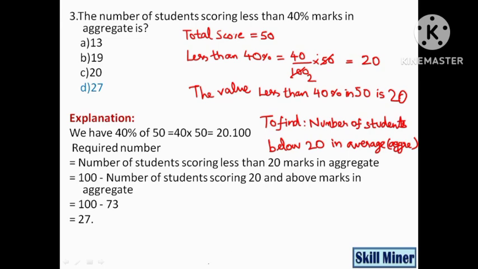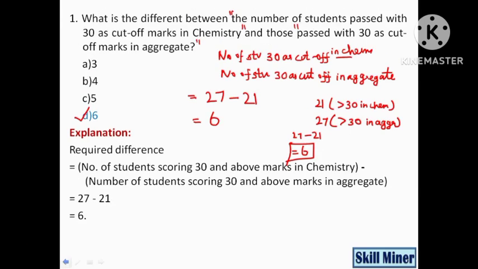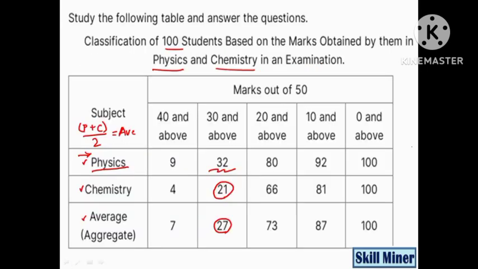In the data, we get that in the average column there are 73 students who scored above 20.